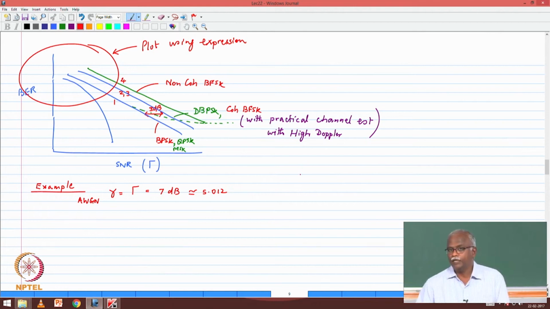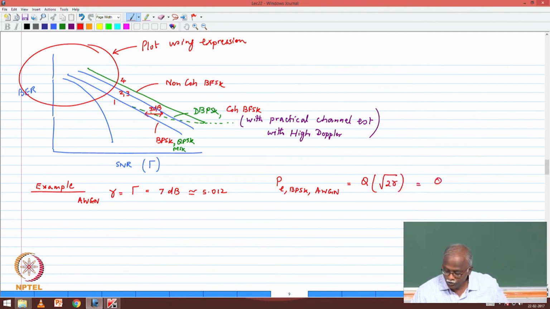What is the probability of error in the AWGN channel? Probability of error of BPSK in the AWGN channel is given by Q of root 2 gamma, which is Q of 3.17. You can either look at the table or the calculator. So using the Q table or the Q calculator, you can get the expression.